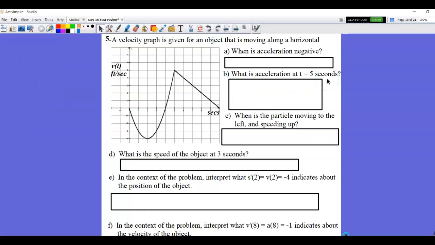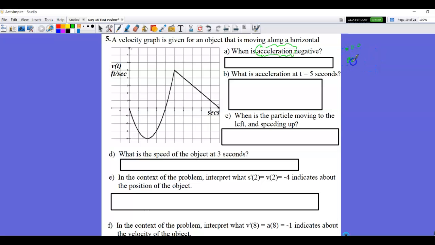Number 5, now we're getting onto a velocity graph. Every time you have a question here, you have to ask yourself, how does this question relate to velocity? In letter A, I want to give an answer about acceleration. What's the relationship between acceleration and velocity?